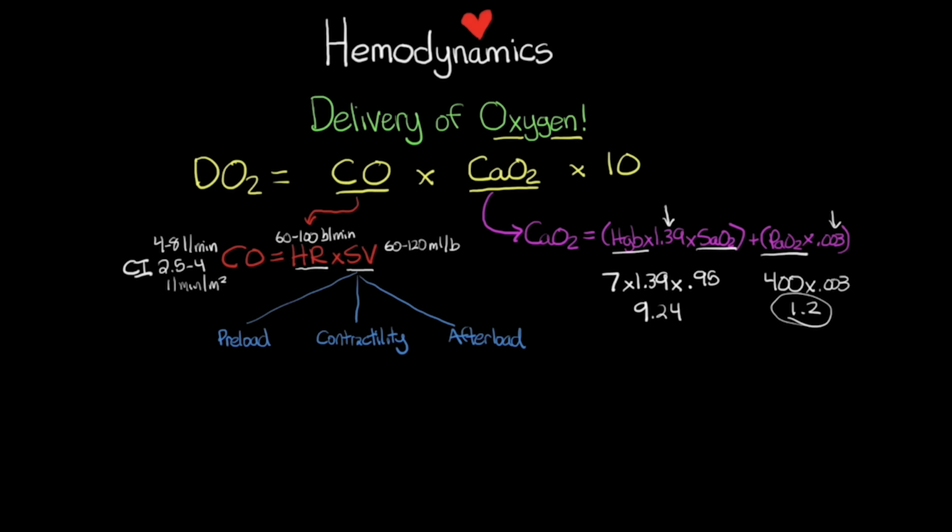And that's going to conclude this lesson on hemodynamics, talking about the delivery of oxygen. In our next lesson, we are going to talk about our cardiac output and all the different factors that play a role in determining what that cardiac output is.